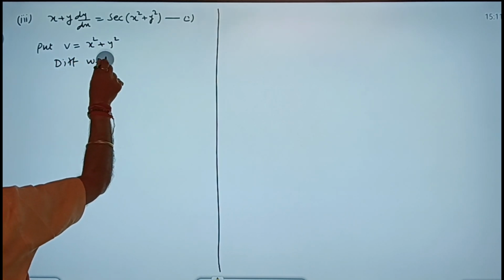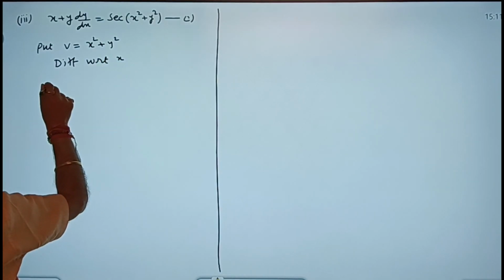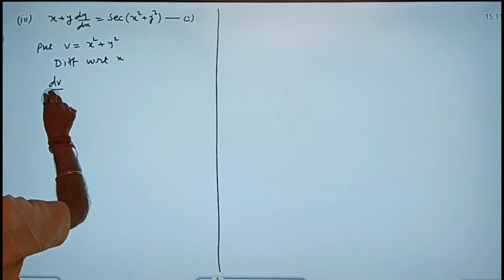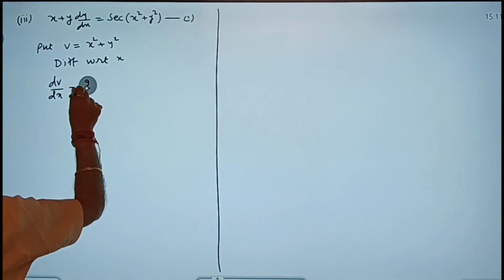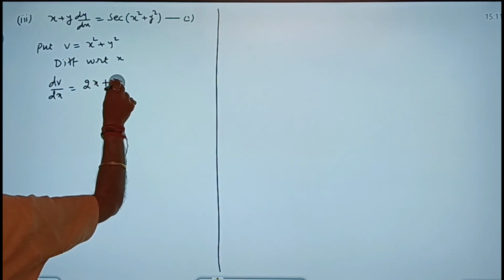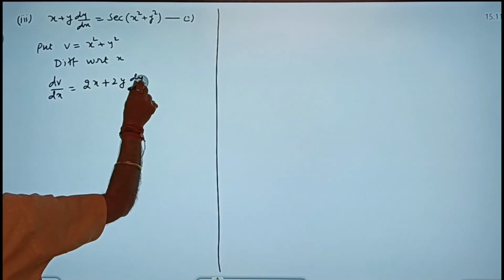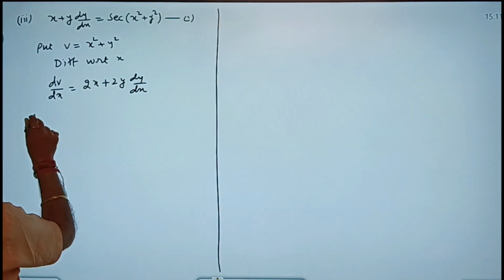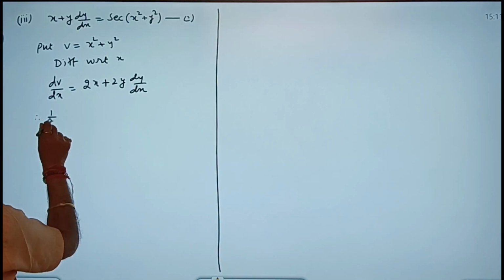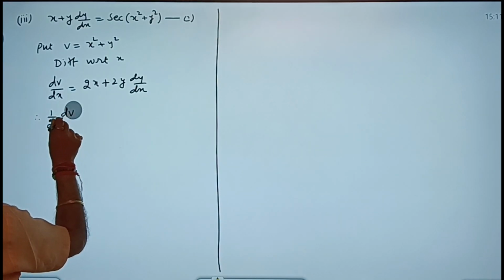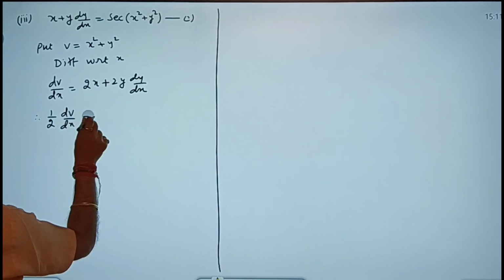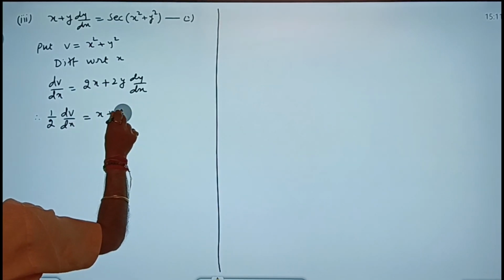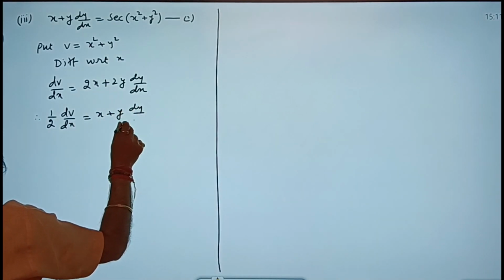Differentiating with respect to x, dv by dx is what? 2x plus 2y dy by dx. So 1 by 2 dv by dx is x plus y dy by dx.